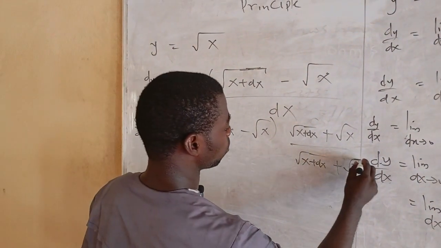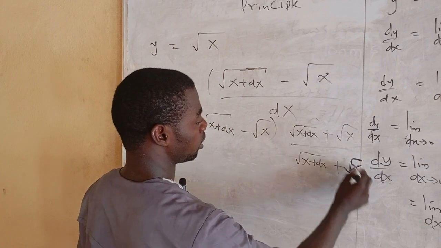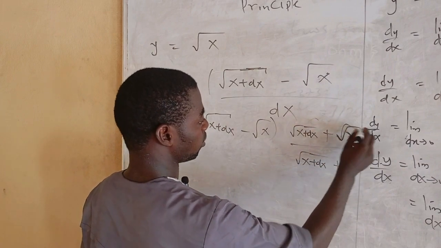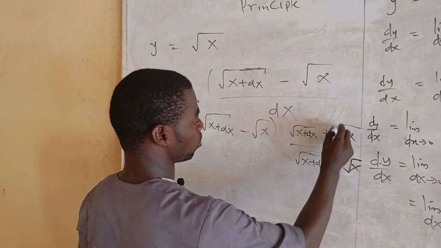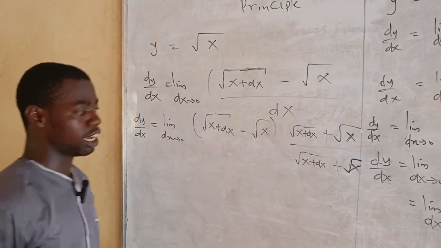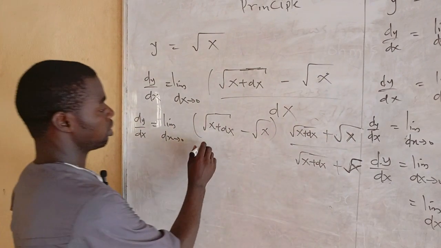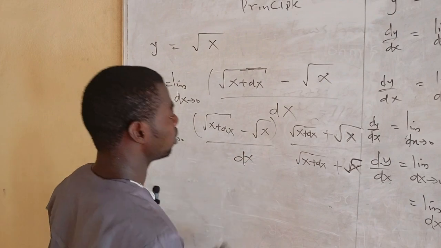So the conjugate is just the difference in the sign, the difference in the binary operation, and our binary operation here is addition, right? So here, this is also our dx.